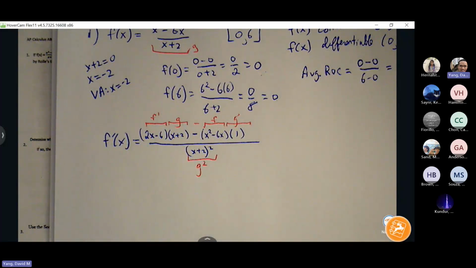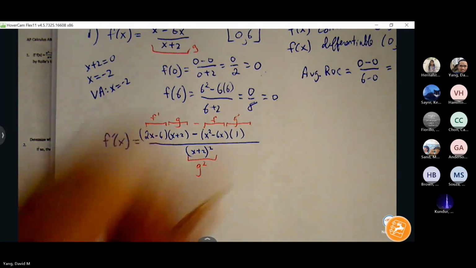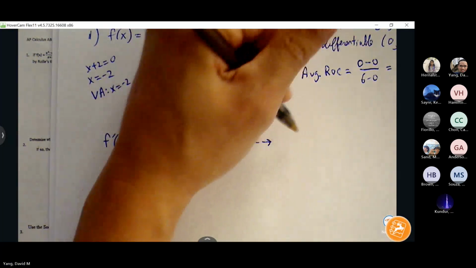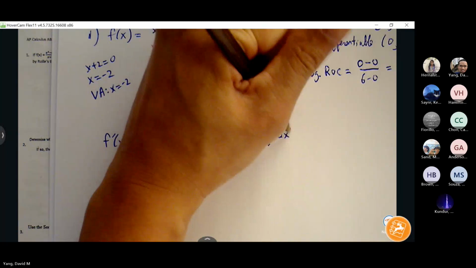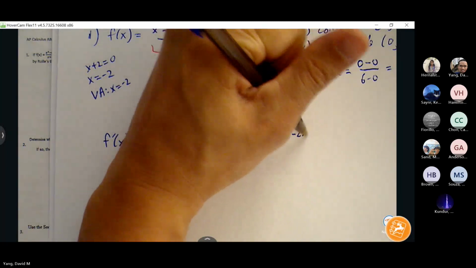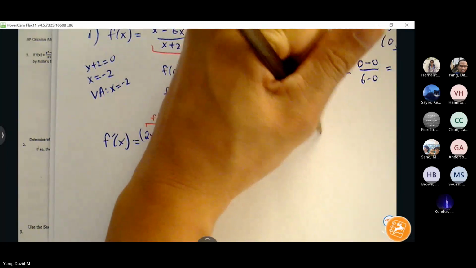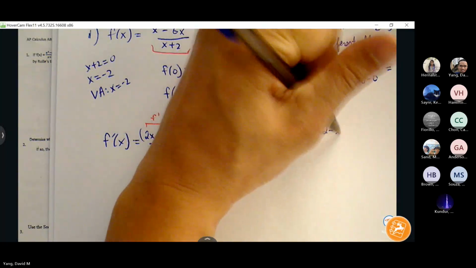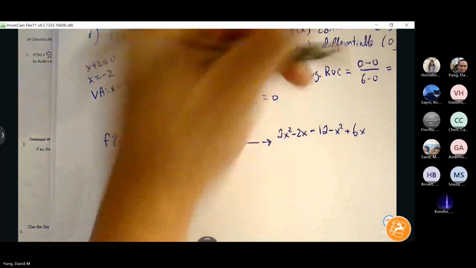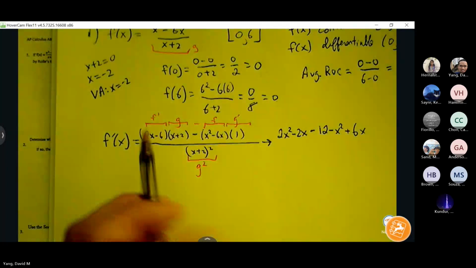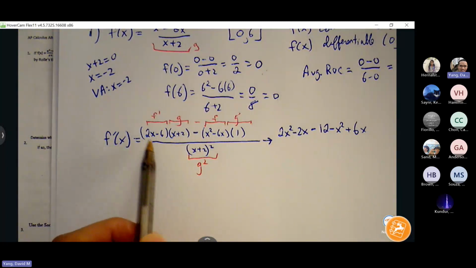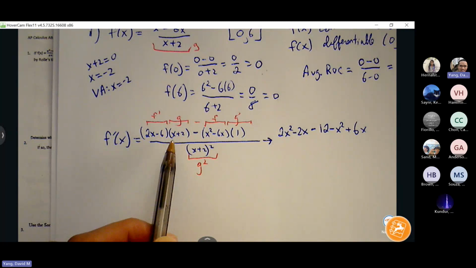Leave the denominator alone. You're really just working on trying to get that numerator cleaned up. Two x squared plus 4x minus 6x.